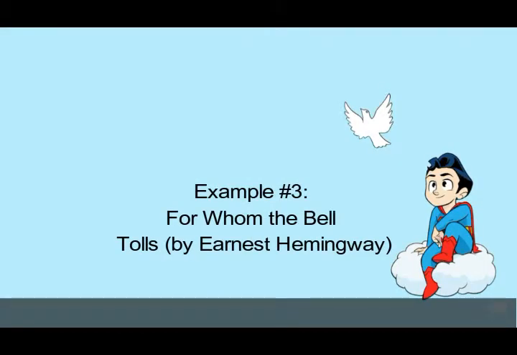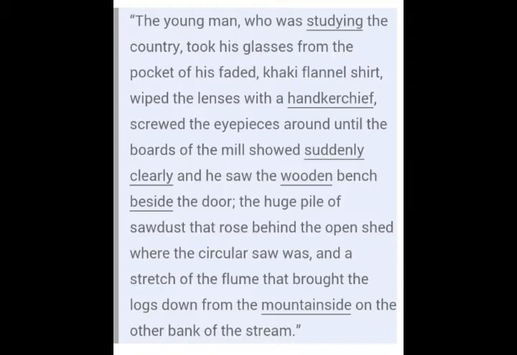Example 3. For Whom the Bell Tolls by Ernest Hemingway. "The young man, who was studying the country, took his glasses from the pocket of his faded khaki flannel shirt, wiped the lens with a handkerchief, screwed the ice piece around until the bore of the mill showed suddenly clearly, and he saw the wooden bench beside the door, the hooked pile of shadows that rose behind the open seat where the circular saw was, and a thread of the flume that broke the long stone from the mountainside of the other bank of the stream."